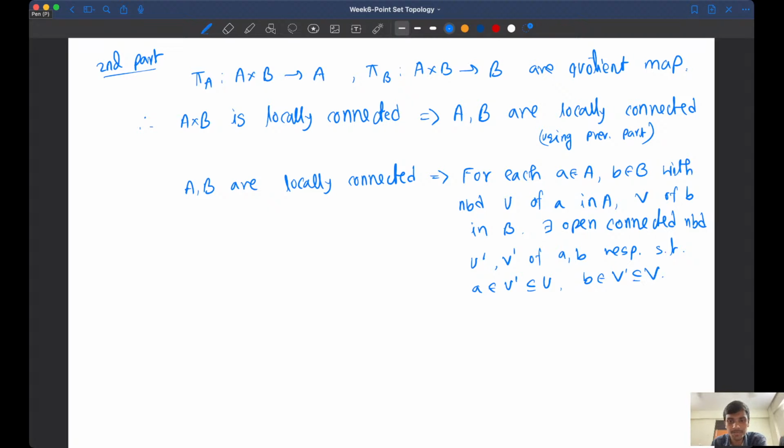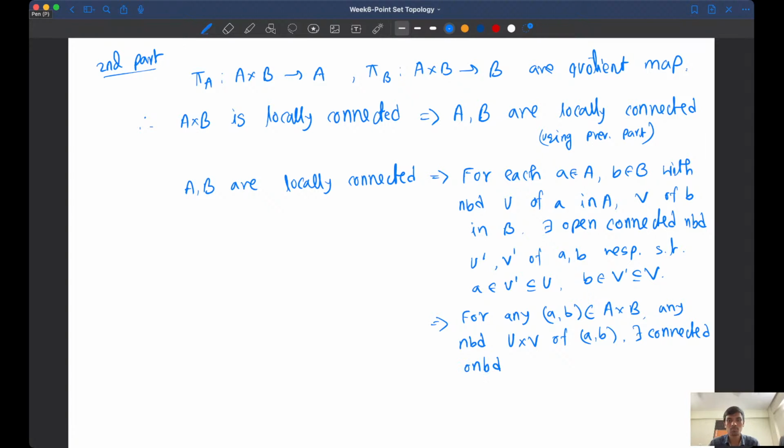And this implies, for any (a, b) belonging to A cross B and a neighborhood, which will look like some neighborhood of a inside A cross some neighborhood of b inside B, there exists a connected open neighborhood U prime cross V prime, just obtained from this process, such that (a, b) belongs to U prime cross V prime, and that is contained in the neighborhood.